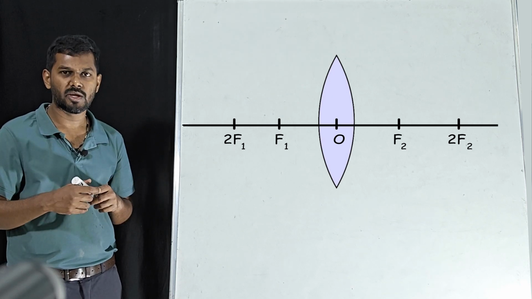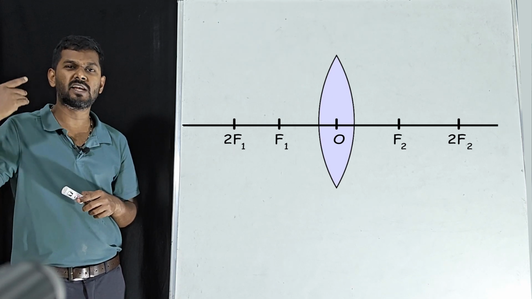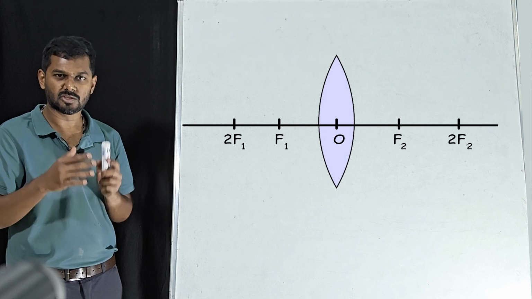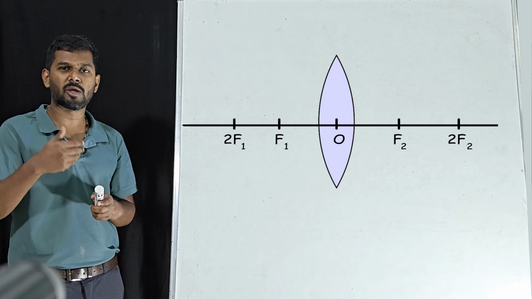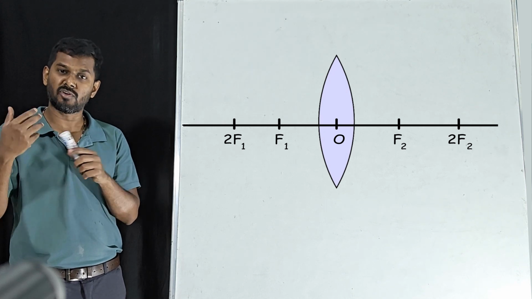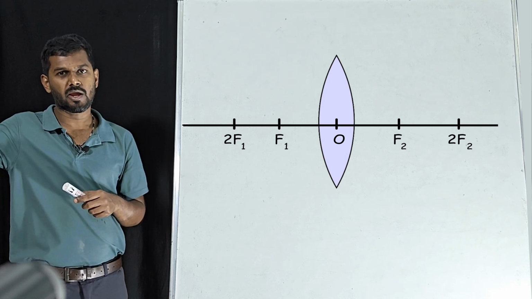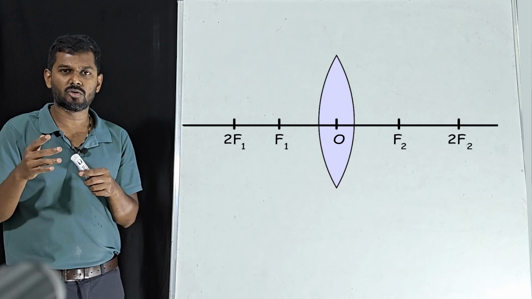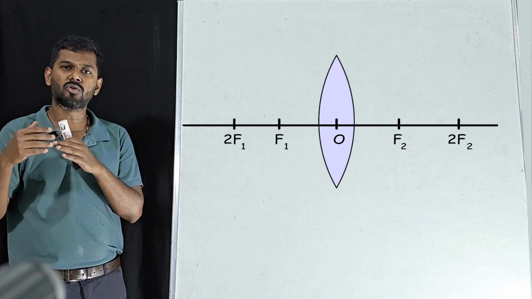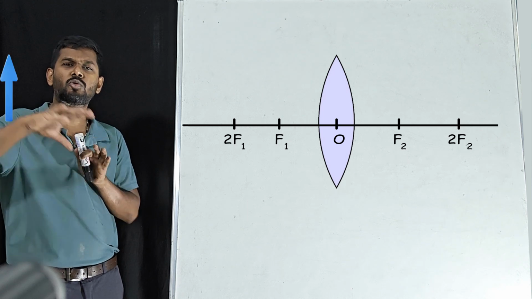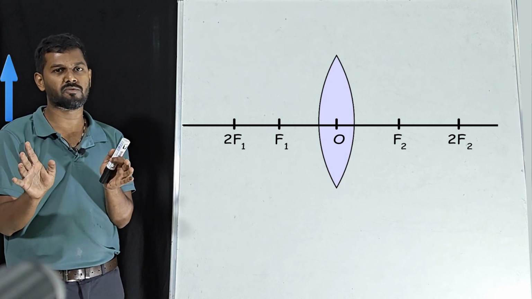Here we are going to keep the object in different places, with the same convex lens. First, we'll keep the object at infinity. Next, somewhere too far, but not at infinity.